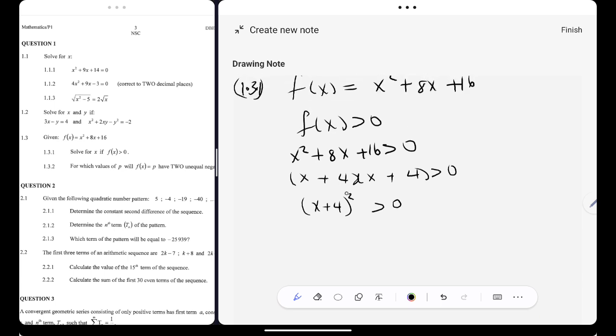Because it is squared. Are you together? So to answer this question, f of x will be greater than 0 for x an element of real numbers. There's no x value that will make this negative. So I don't have to do the number lines and stuff. This statement is always true.